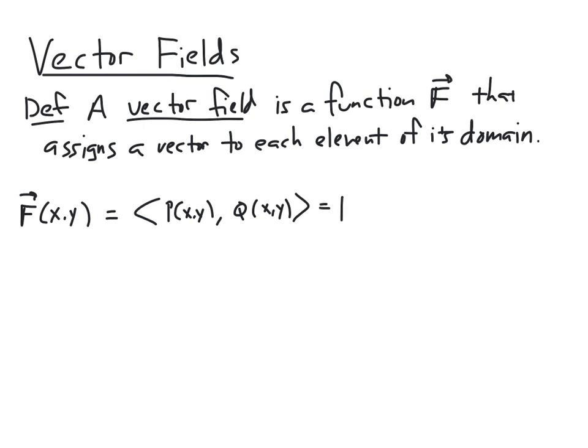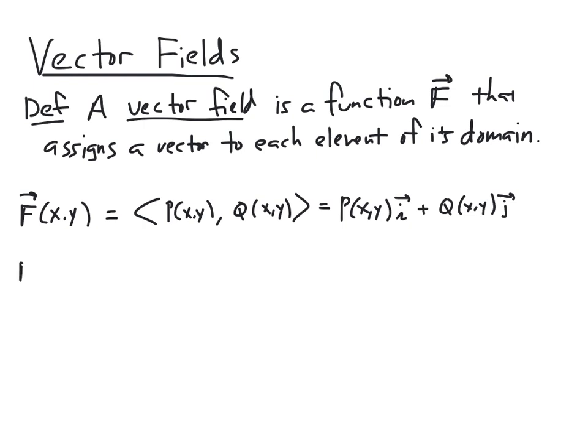Of course, we could also use the i, j notation if we preferred that. But notice that I am not putting arrows over the P and Q. It's because P and Q are not vector functions. They are just standard multivariable functions of two variables.